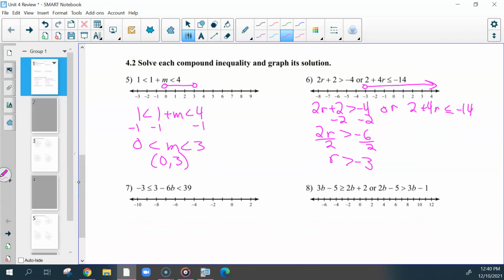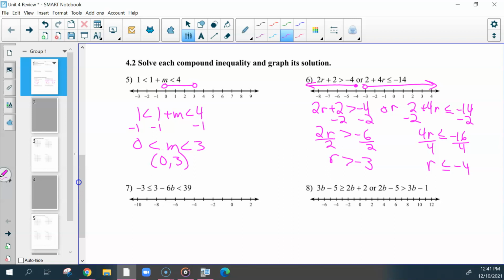And then the other one, we would subtract 2 on both sides. Take negative 16 and divide both sides by 4. r is less than or equal to negative 4. That would be a closed circle at negative 4, going to the left.